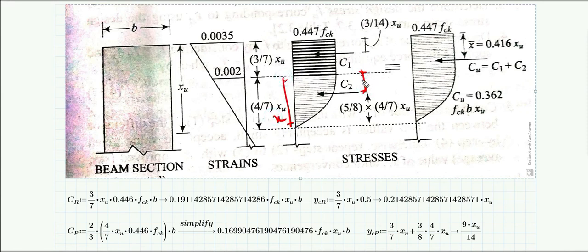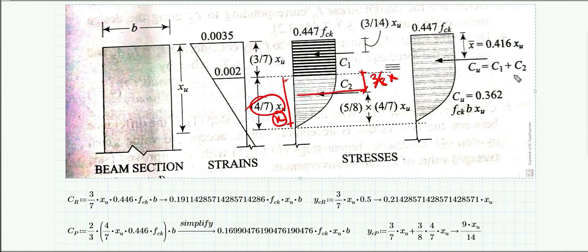If this is x, then this value is 3 by 8 x. But here this is not x, this is 4 by 7 XU, so it will be 3 by 8 into 4 by 7 XU.